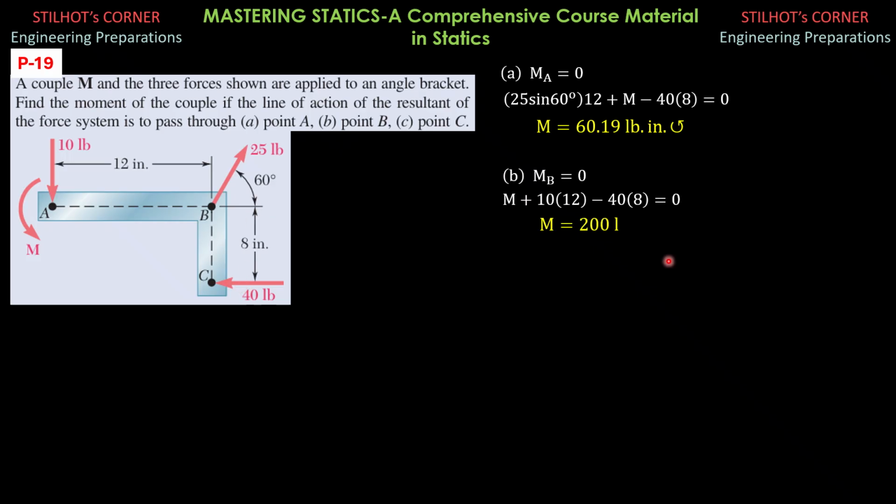Solving for M is 200 pound-inch counterclockwise. Then finally, if the resultant passes through C, the moment about point C is 0.